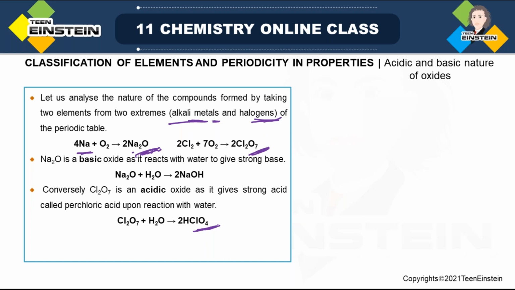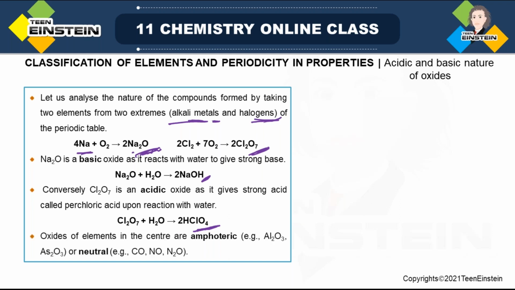But in this case, we have chosen Cl2O7, and when it reacts with water, you get HClO4, which is perchloric acid. So in the previous case it is producing base, in this case it is producing acid. So this is the proof that sodium oxide is basic and chlorine oxide is acidic.